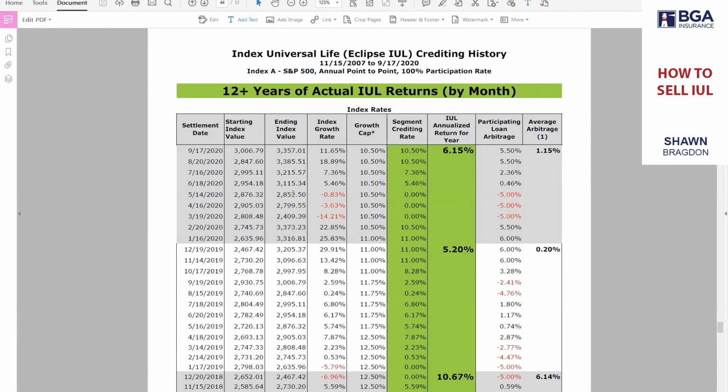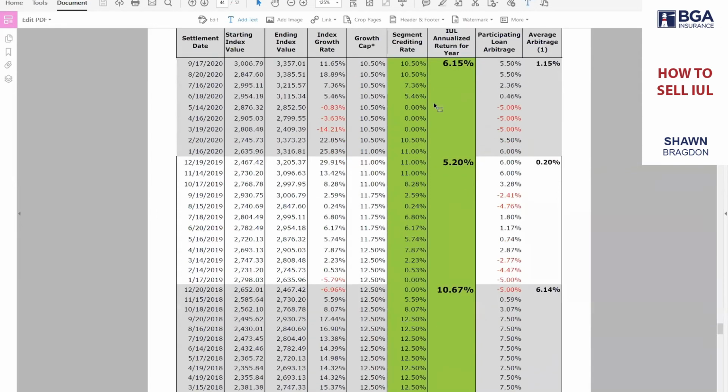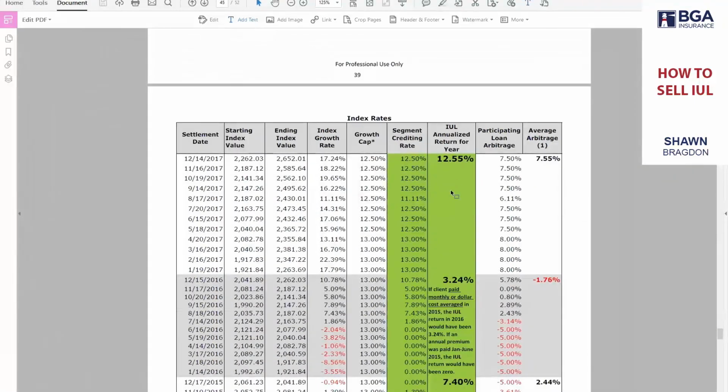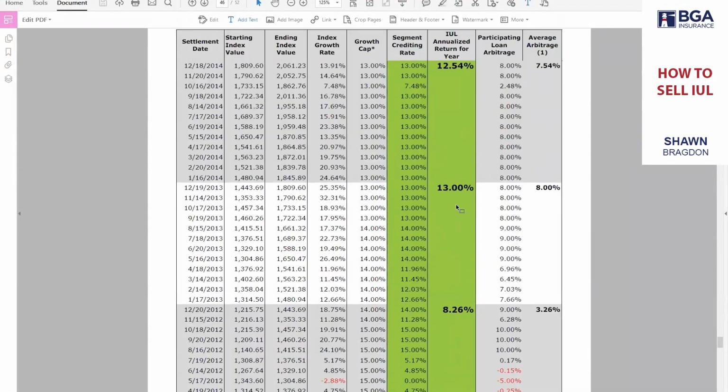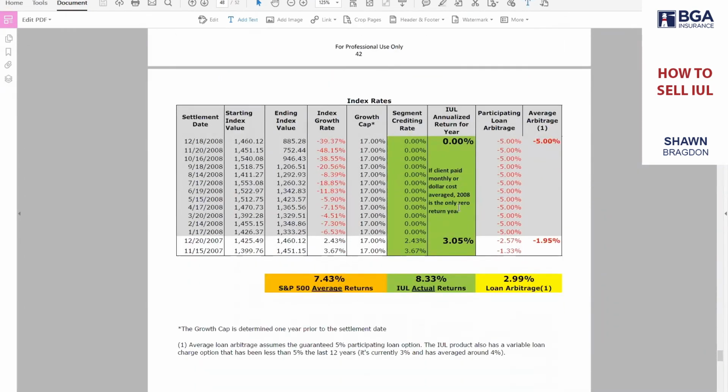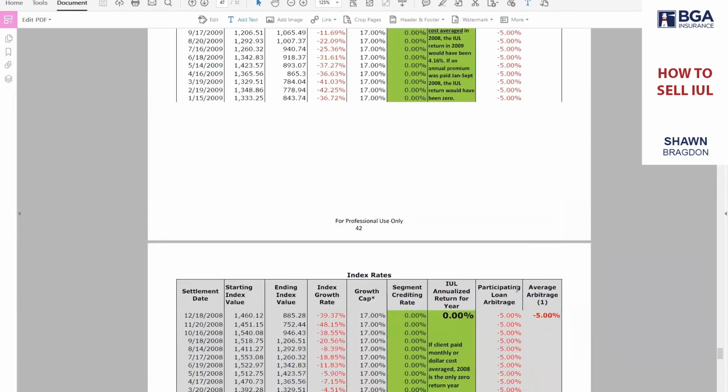And that's what this report is showing, that you're actually getting some pretty nice returns: 6.15, 5.2, 10.67, 12.55. And since 2007, this particular product, if you paid monthly since 2007, your actual rate of return was 8.33% per year. And your arbitrage on your participating loan was 2.99%. So again, that's a pretty compelling arbitrage.